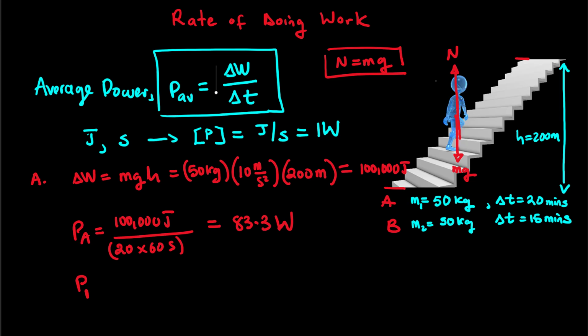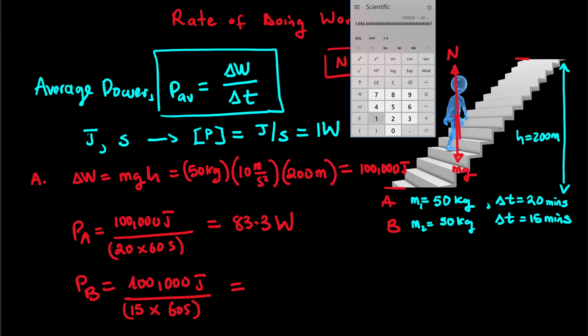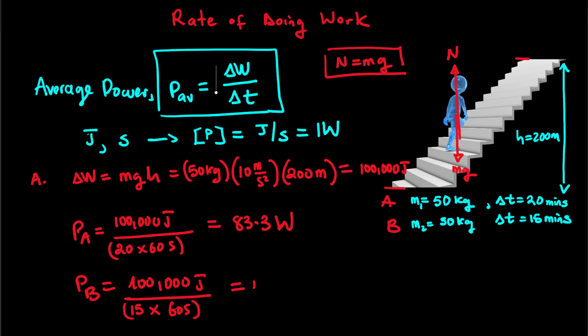For student B, you have 100,000 divided by 15 times 60 seconds. This will give us 111.1 watts. So you can clearly see that student B is more powerful than student A.